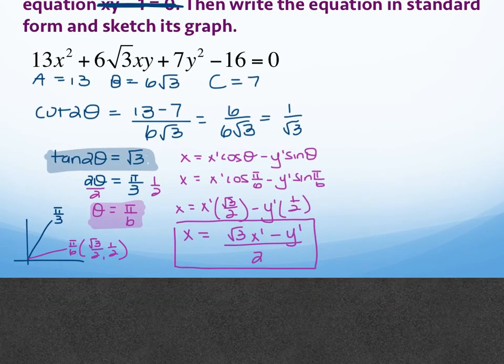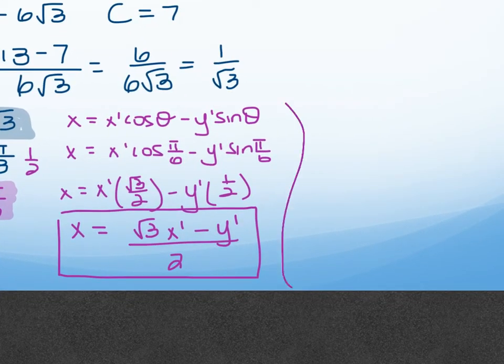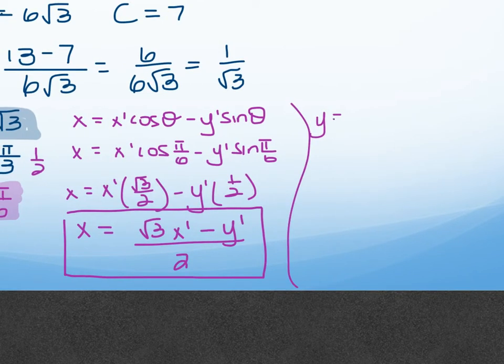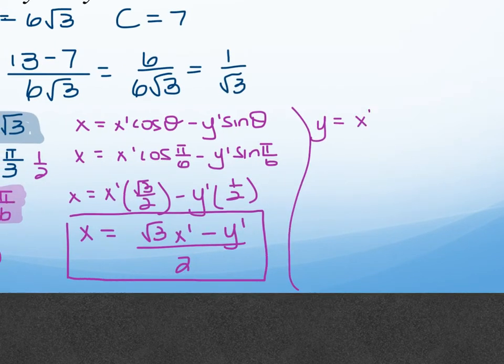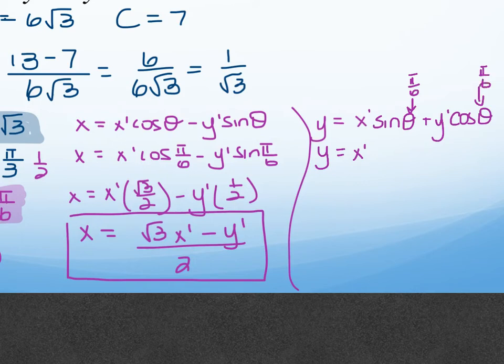And I'm going to repeat that process for y. So y equals x prime sine theta plus y prime cosine theta. Y equals x prime sine of pi over 6, which is 1/2, plus y prime cosine pi over 6, which is root 3 over 2.